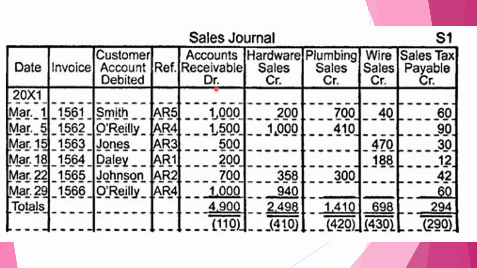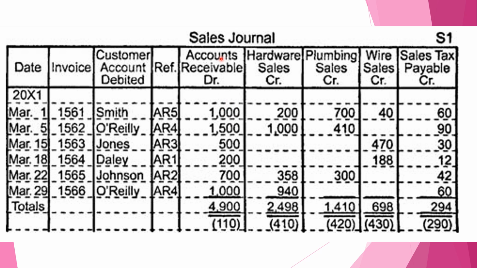This is for on account, meaning all the service rendered, and all the goods you sold are on accounts receivable. So for example, you have here hardware sales, plumbing sales, wire sales, sales tax payable. So these are your credit account.